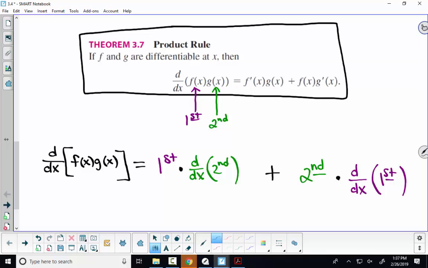Since multiplication and addition don't depend on order, you could also view that as the second times the derivative of the first plus the first times the derivative of the second. But typically that's how the product rule is remembered. Now I'll write that down too.